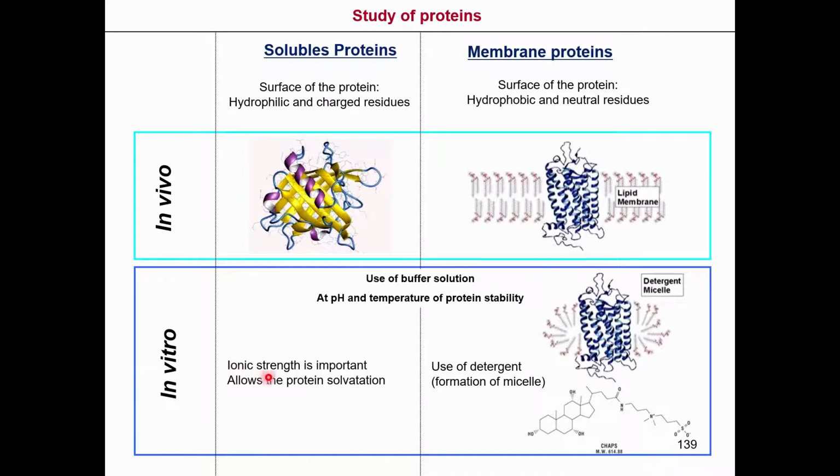You have to use ionic strength, which allows the protein solvation. So remember, this is the salting in process when you increase the concentration of salt. And for the membrane proteins, you have to mimic the membrane by using detergent. Okay.